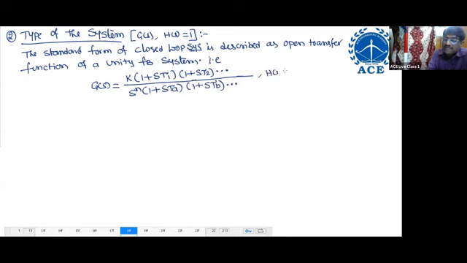H of S equal to 1. This S power n represents the type, so type n system.